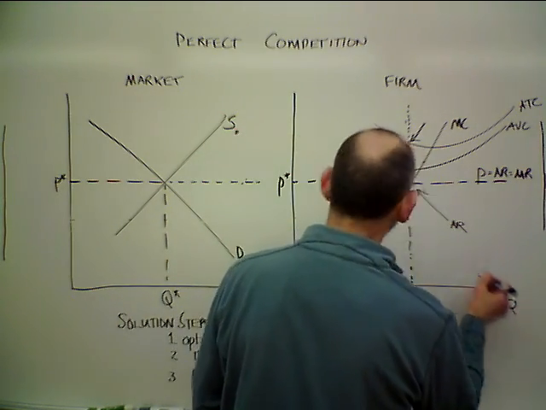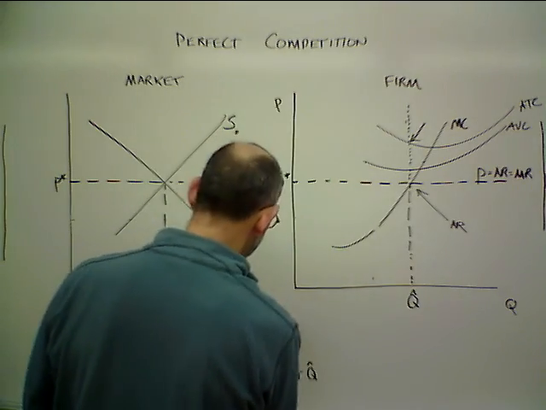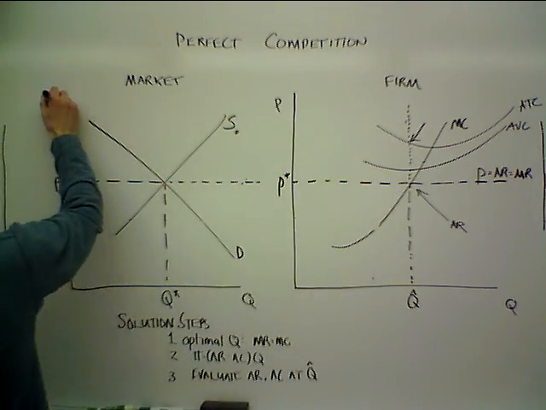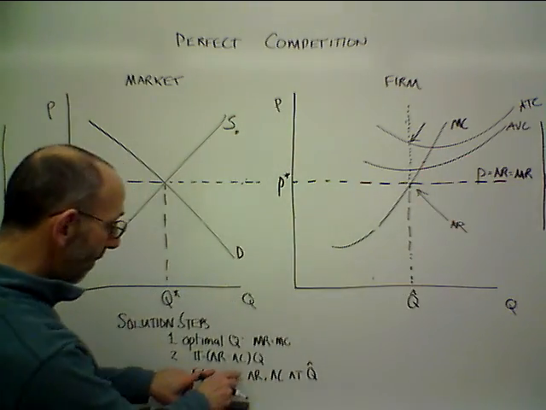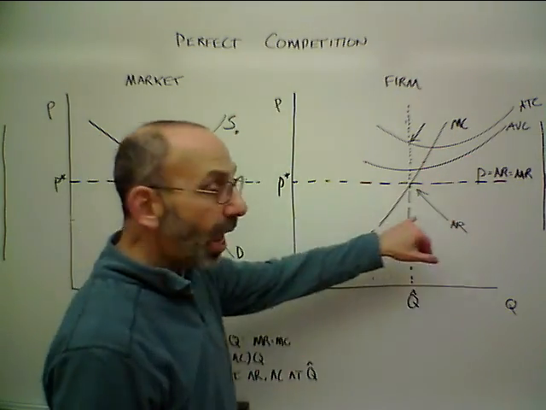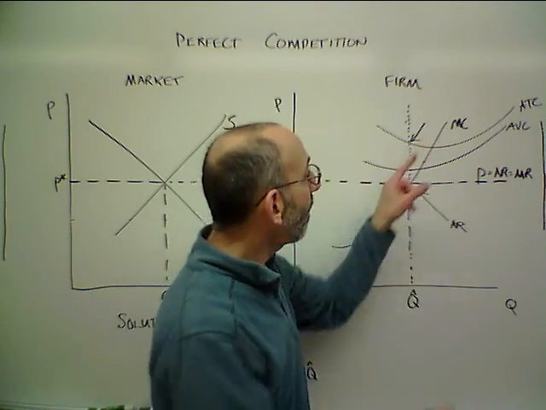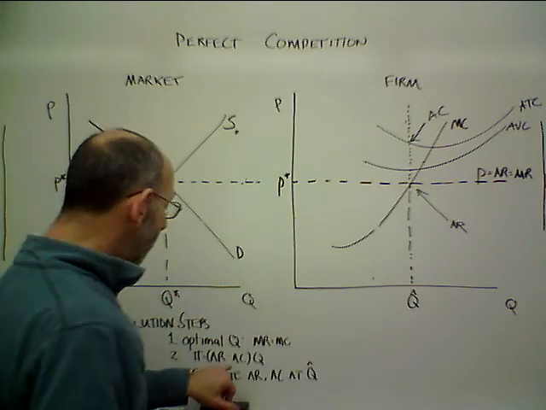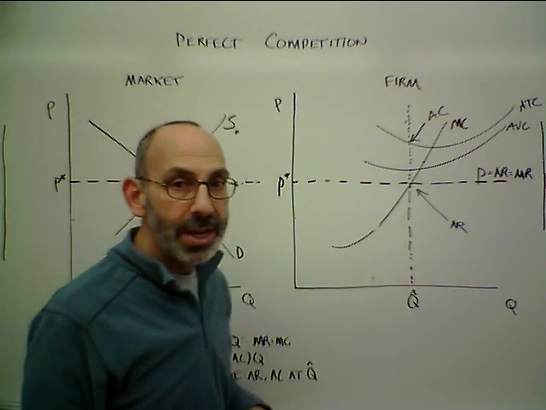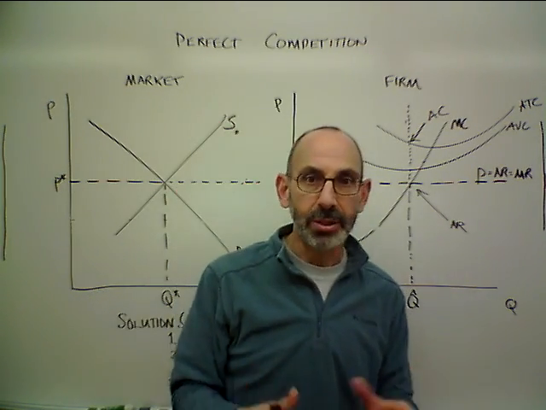Don't forget to put your labels. So there we are. This firm's going to operate there. Now we go back and evaluate this. Which is higher? Average cost here is above average revenue, which means this will be negative. This firm is earning negative economic profits, a loss.